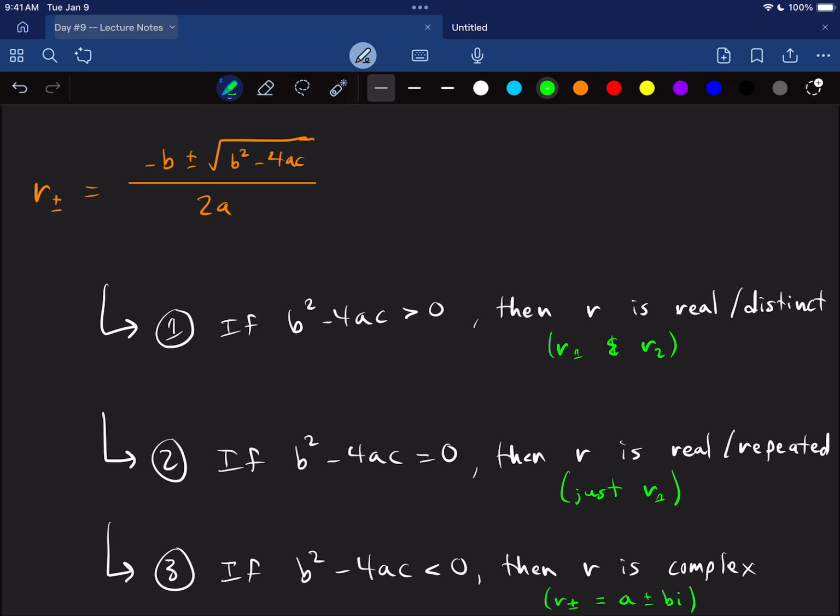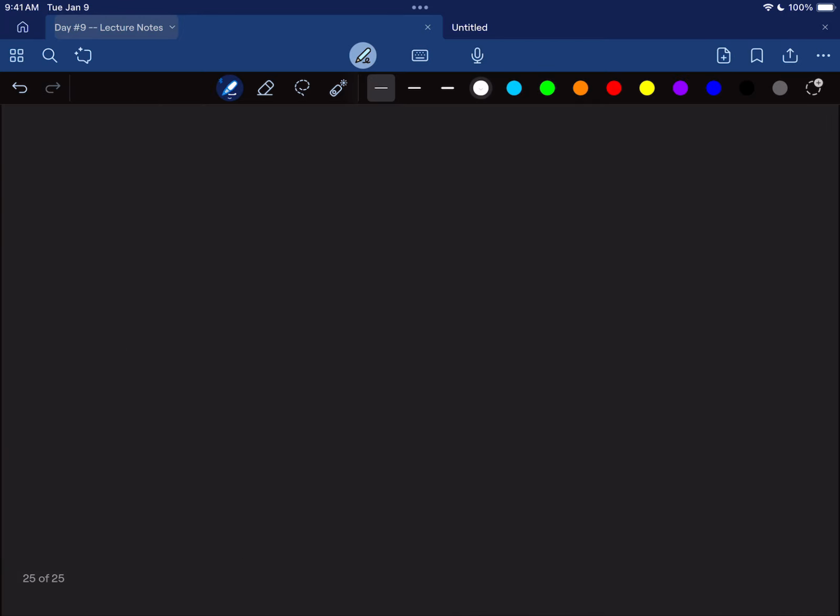So we have three cases, all right? What we're basically going to do is go work out three examples, and we're going to see what happens. The first example, really easy.